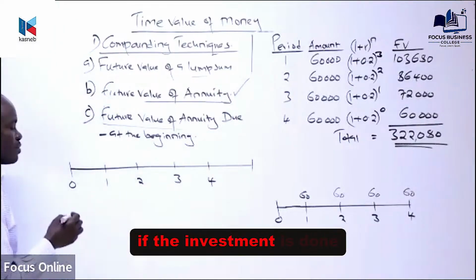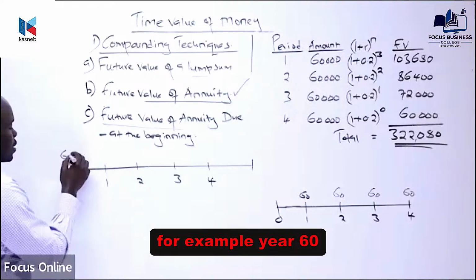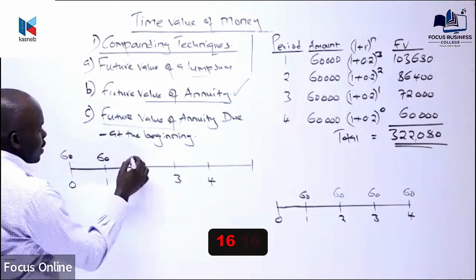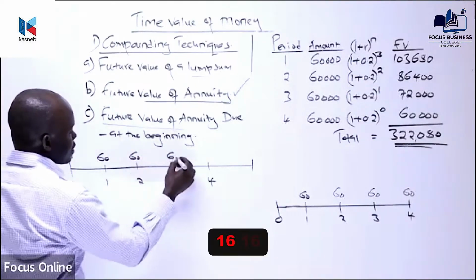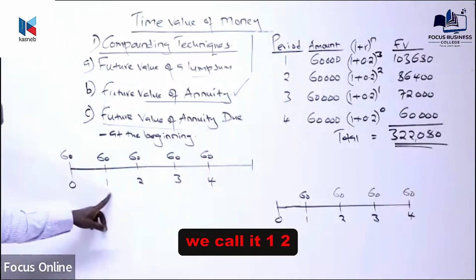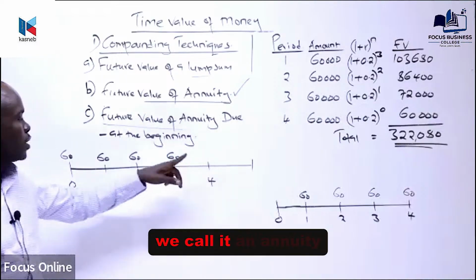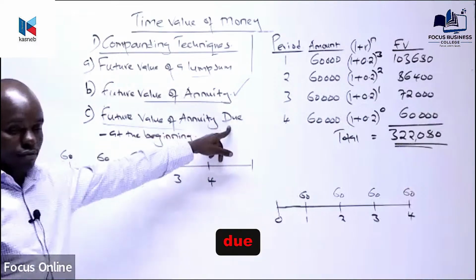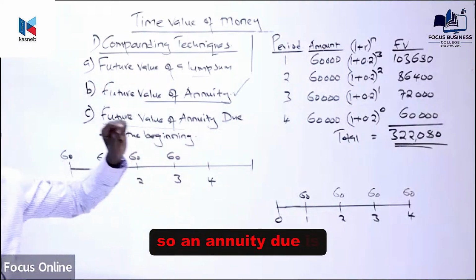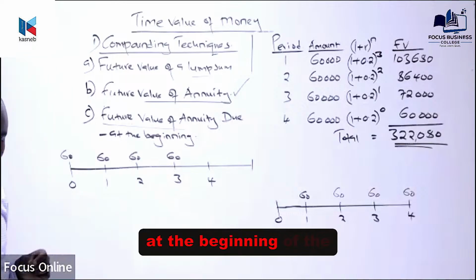If the investment is done at the beginning of the year, for example, here 60, 60, 60, 60, 60, we call it 1, 2, 3, 4. This is not there. We call it an annuity due. So an annuity due is an amount that is invested or paid at the beginning of the period.